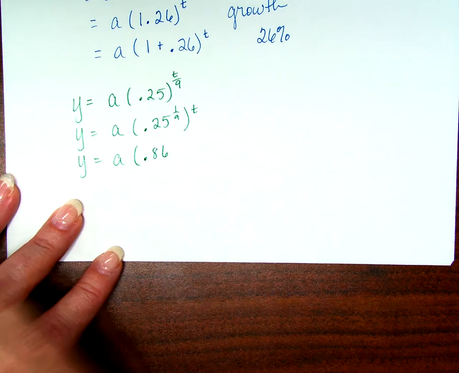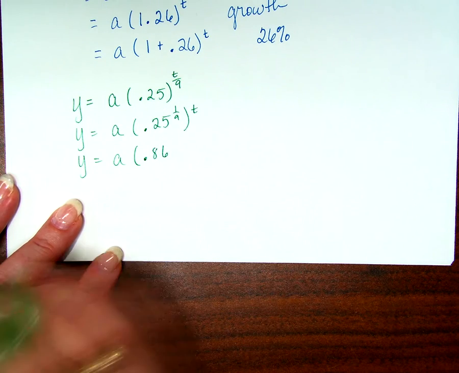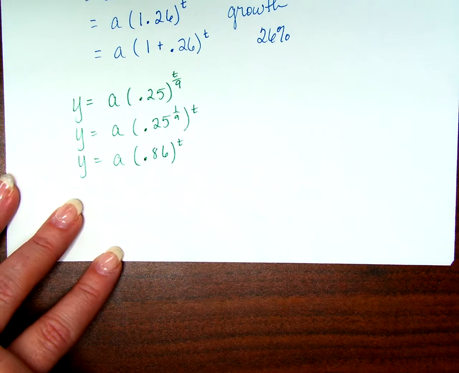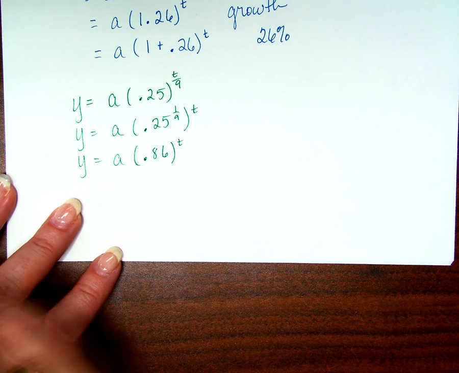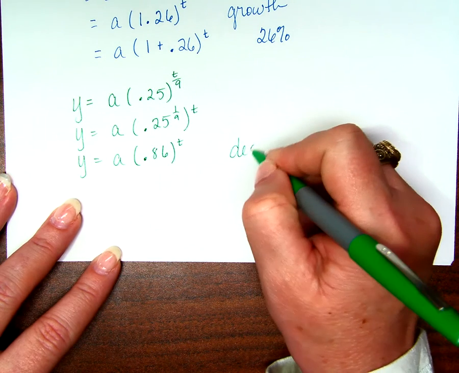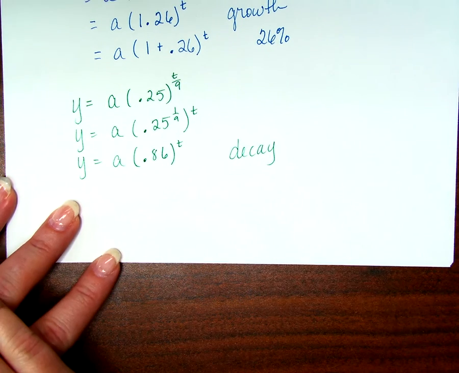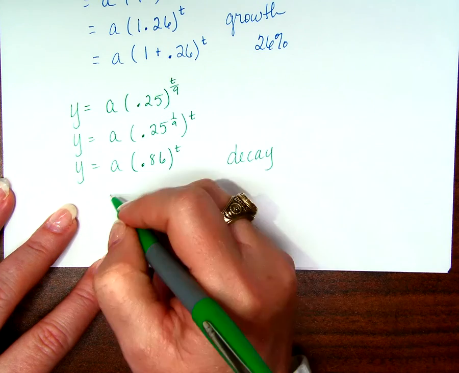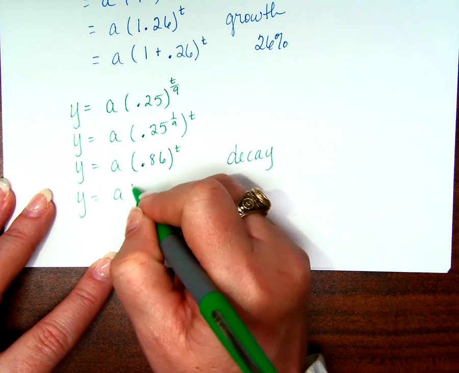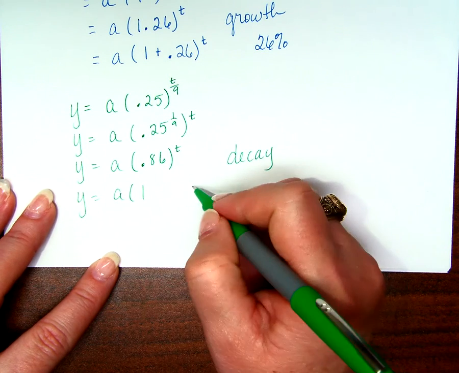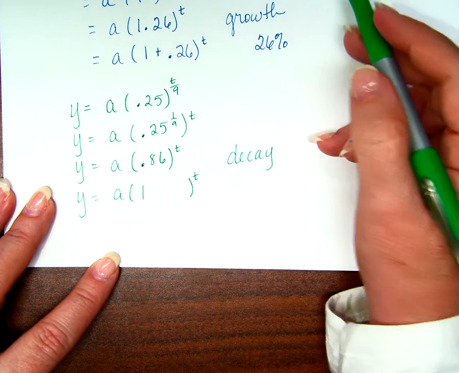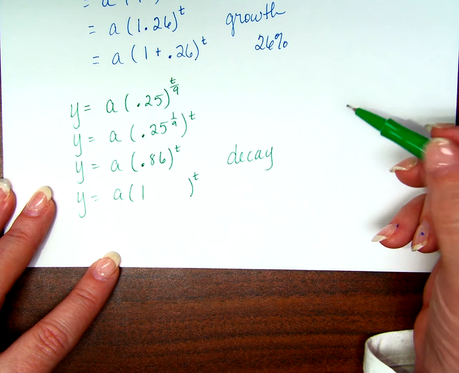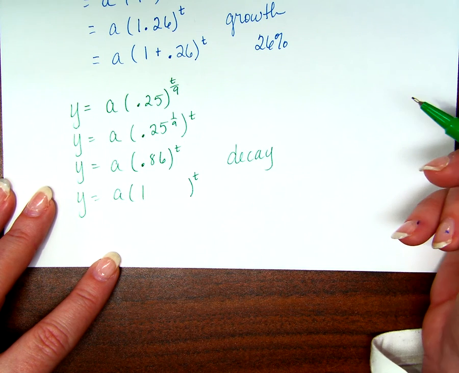0.86. Okay. To the t power, right? Is this growth or decay? Decay. So remember, I have to change this into an equation that's 1 plus or minus something to be able to tell what the percentage of decay is, right?